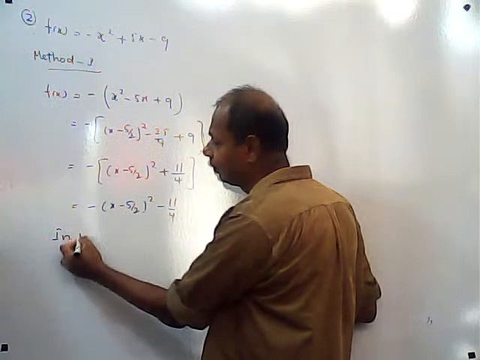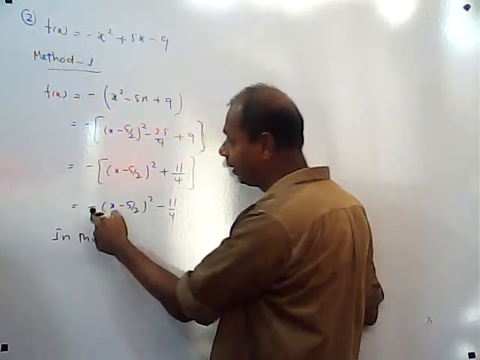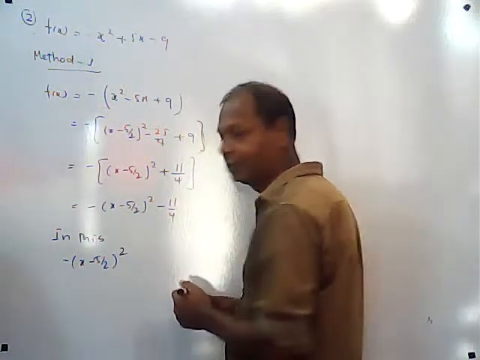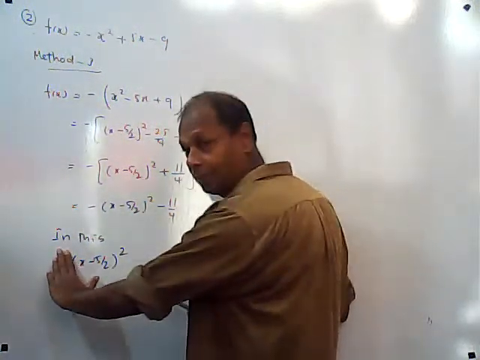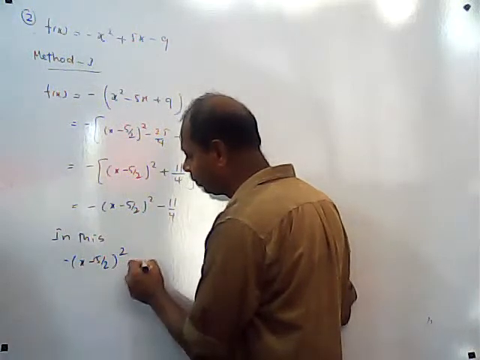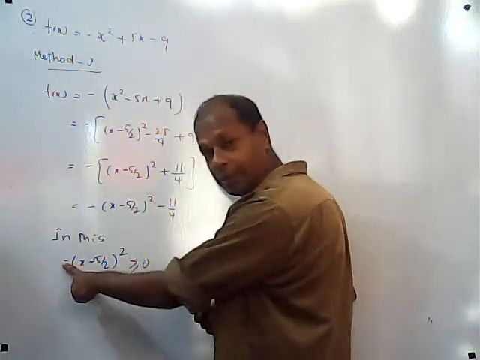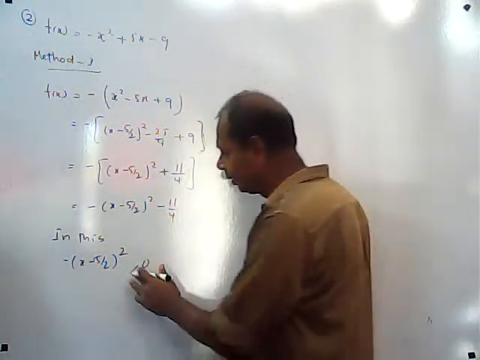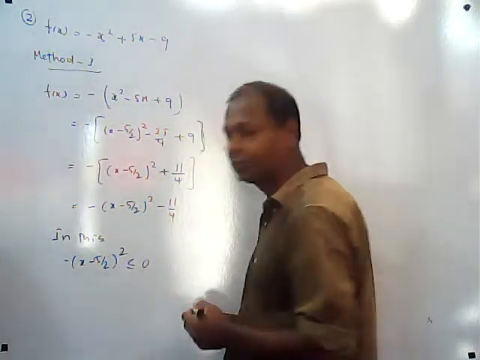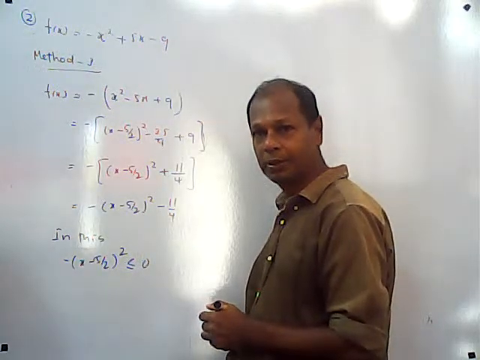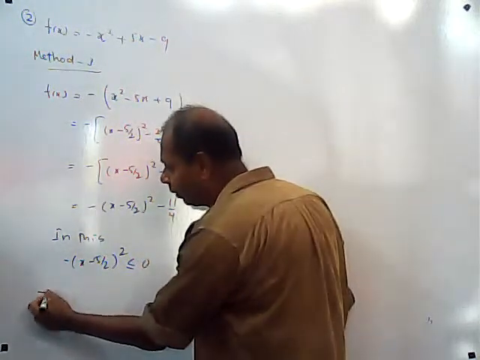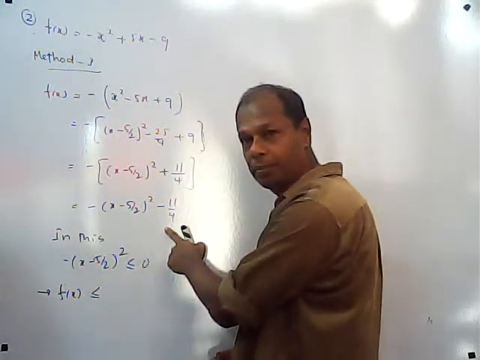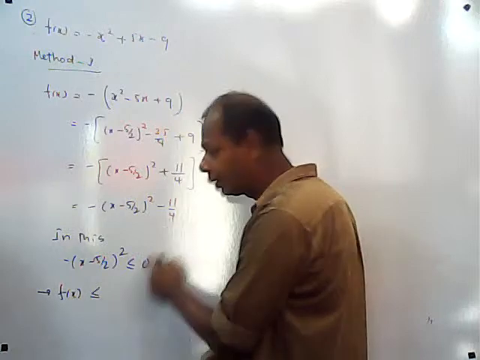With minus 1 outside, minus of x minus 5 over 2 squared. Without minus, it will be greater than or equal to 0. But with minus, that will always be turned to the other side, less than or equal to 0. Right? Therefore, that implies f of x is less than or equal to 11 over 4 for any real x.